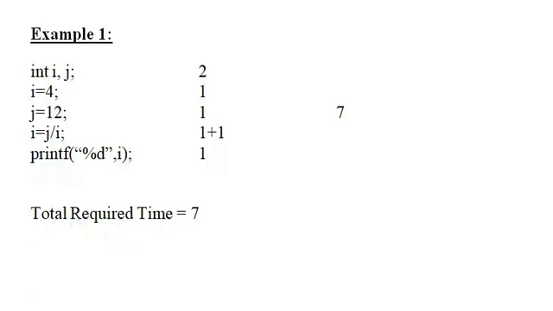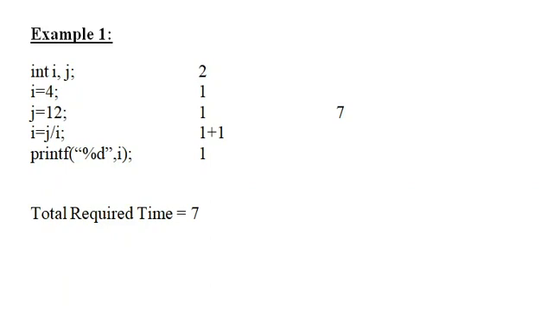Two variables are taken. Before going to the time analysis, I want to tell you one thing: for each and every action of the code, the system takes 1 unit of time.